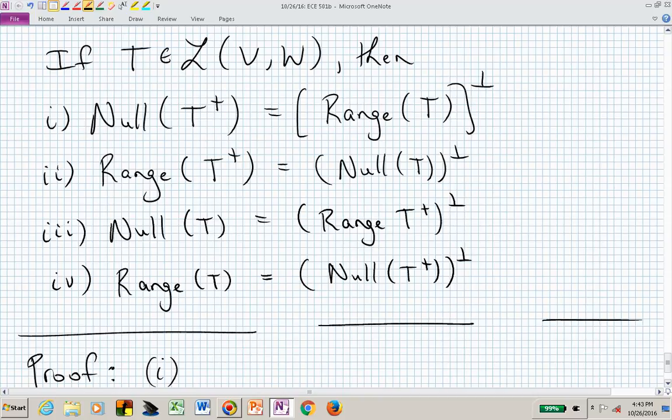Do you remember? Please help me. We had the range space was 2, right? And we were living in R5, so the orthogonal complement was 3-dimensional. It's in R5. Is that okay? So we need to show that the null space of T dagger is that same space for whatever that is.